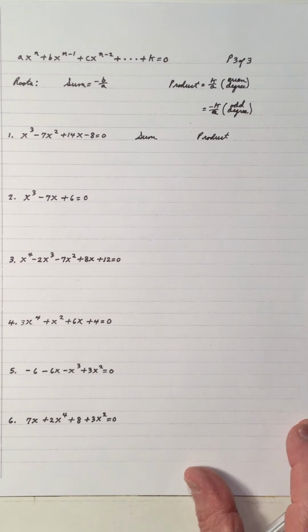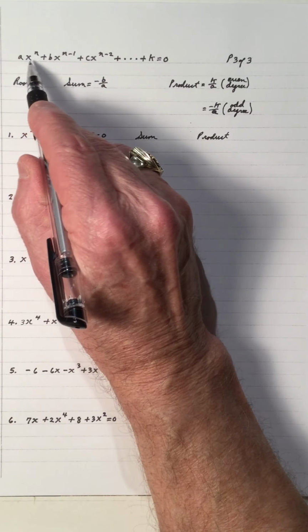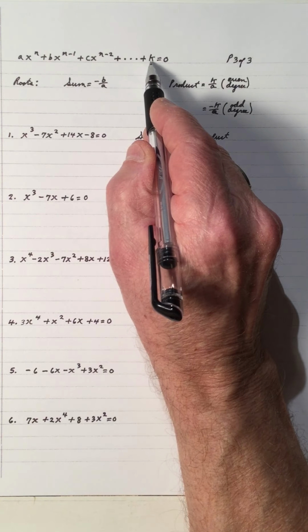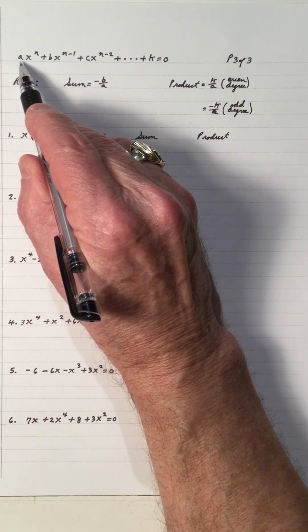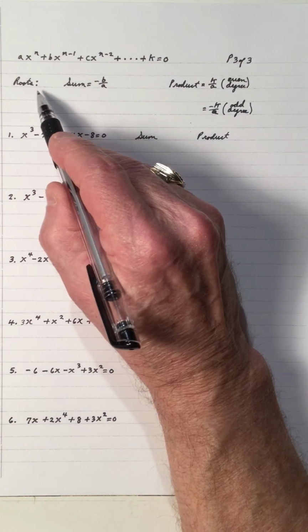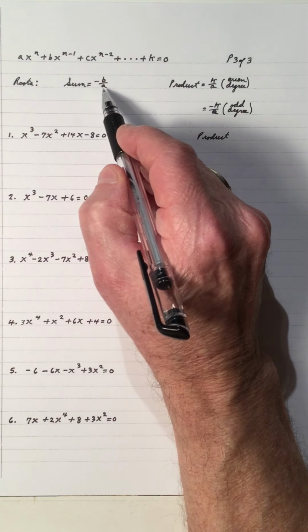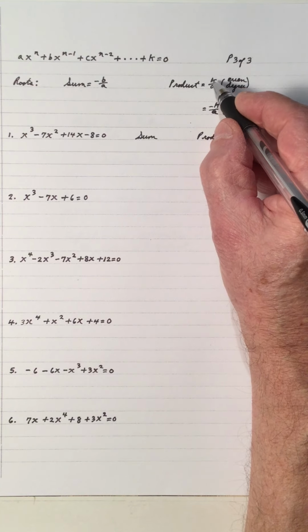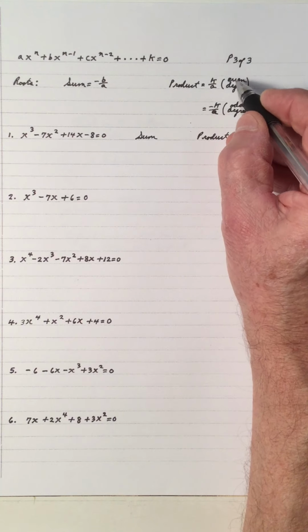So what if we have an equation that's ax to the n, bx to the n minus 1, etc., down to k, where this is the leading term of a and this is the constant term of k. The sum of the roots is negative b over a. But the product of the roots is k over a if the degree is even.